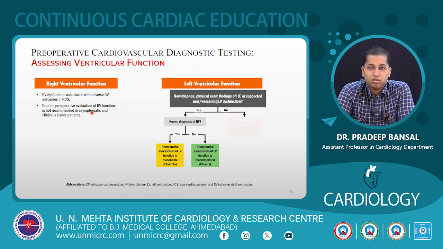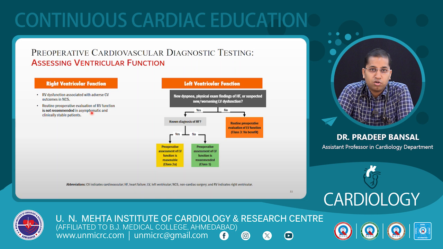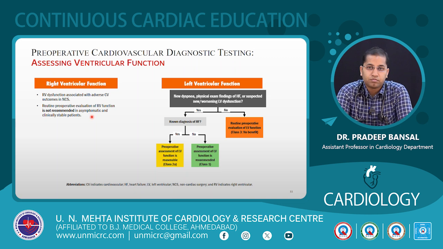Next are the indications for assessing ventricular function in patients undergoing NCS. For RV function, RV dysfunction is associated with adverse cardiovascular outcomes in NCS, but routine perioperative evaluation of RV function is not recommended in asymptomatic and clinically stable patients.